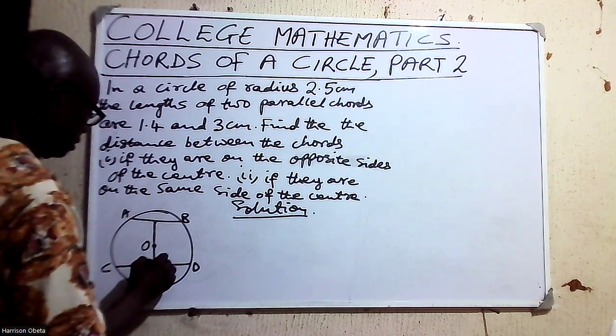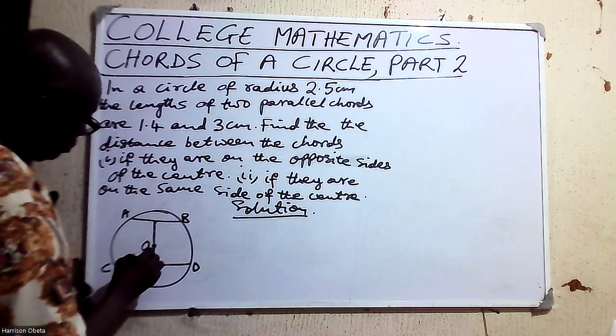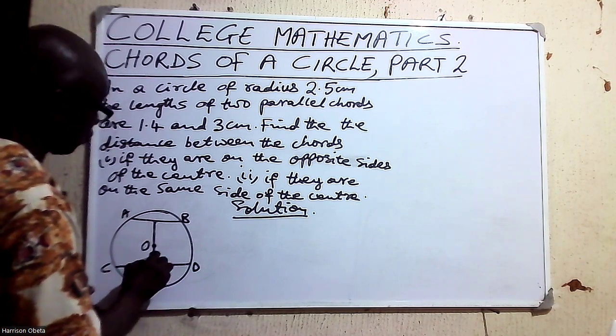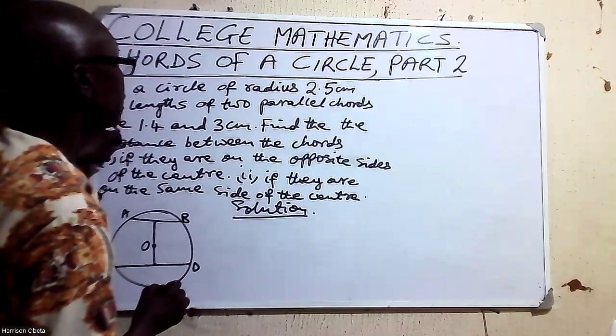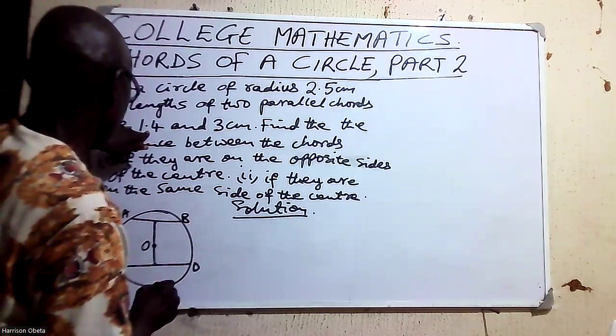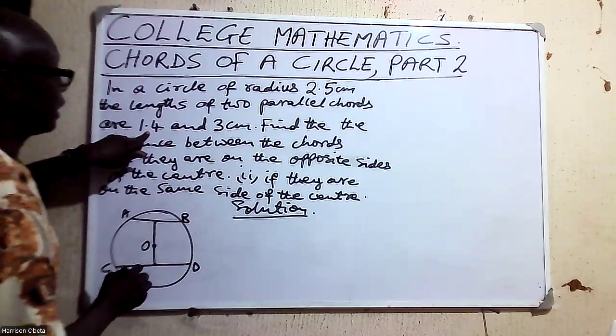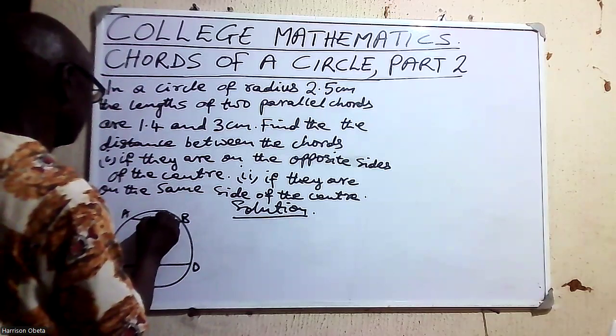So let's take this to be the one. One of them is 1.4 cm. The other one is 3 cm. So let's take this to be 1.4.